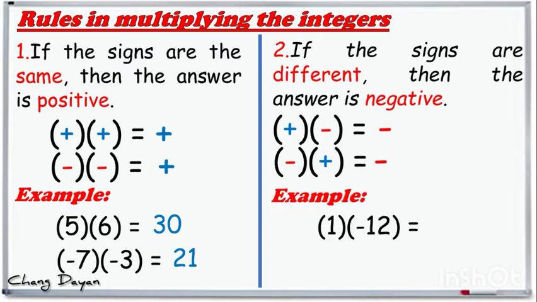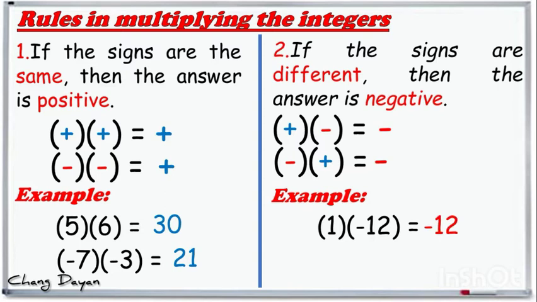Say we have 1 times negative 12. Now, our given here is positive and the other one is negative integer. They have different sign. That's why our answer here is negative 12.